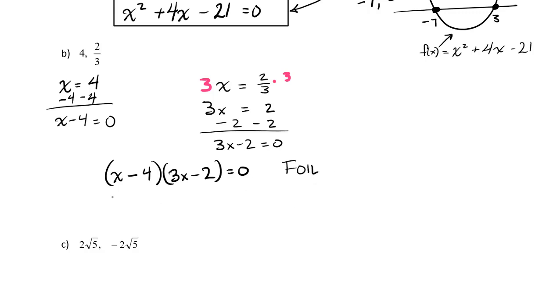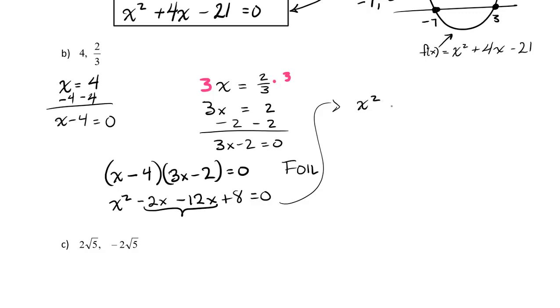When I do that, I get x squared minus 2x minus 12x plus 8 equals 0. And then I'm just going to rewrite this as a trinomial with the two middle terms combined. x squared minus 14x plus 8 equals 0. This is now a quadratic equation with solutions 4 and 2/3.